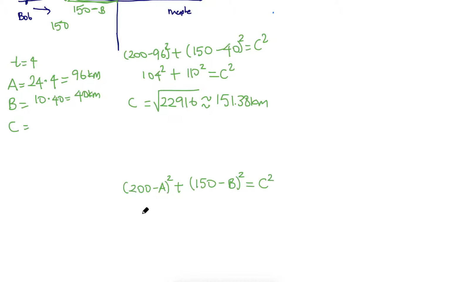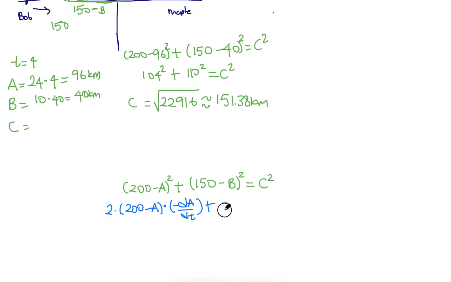So let's go ahead and find the derivative. So bring 2 down. So that's 2 times (200 minus A) to the power 1. I don't have to write it. Times the derivative of 200, which is 0, and the derivative of negative A is negative dA over dt. The negative sign is the same as this one.